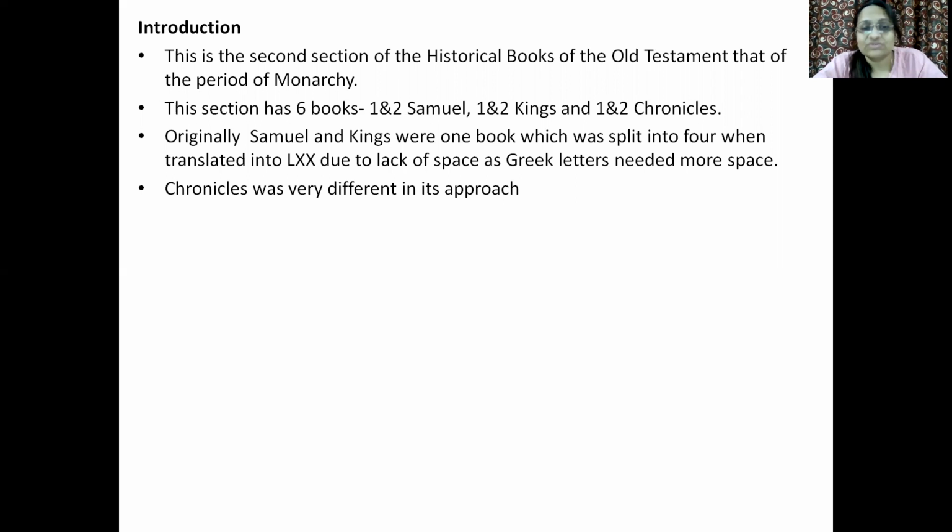So when the huge book of Samuel and Kings together was being translated from the Hebrew scriptures into the Septuagint, it needed more space. It was divided into four scrolls, which ended up being called First and Second Samuel and First and Second Kings.